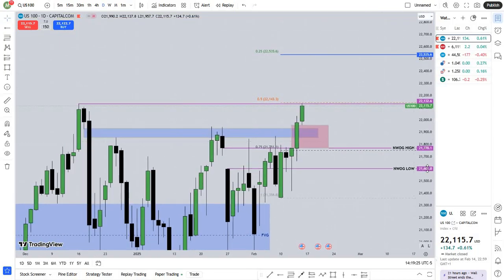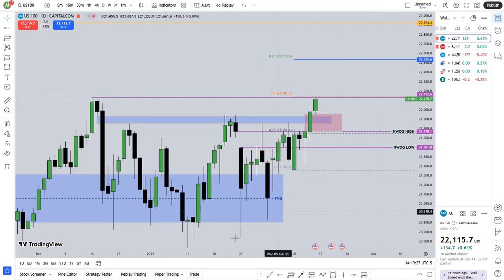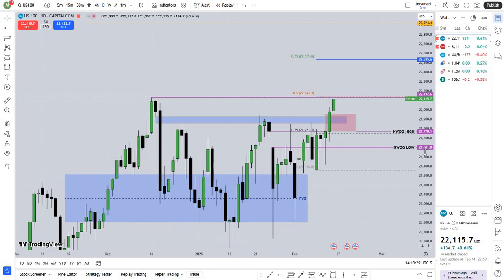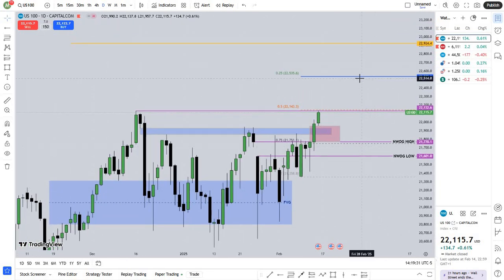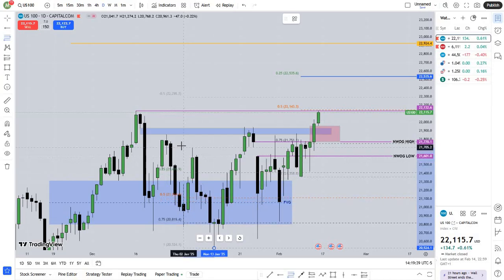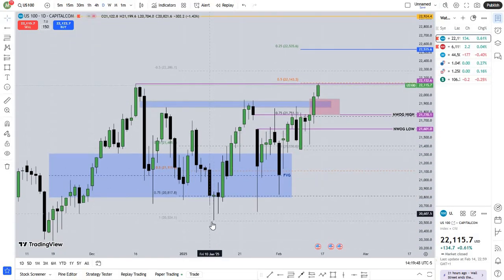The reason why I spotted that high, 20,924.4, was that I was also looking at this low, anchoring my fib from this low to this high, because we are dealing with this range.